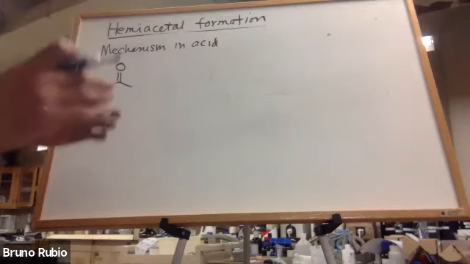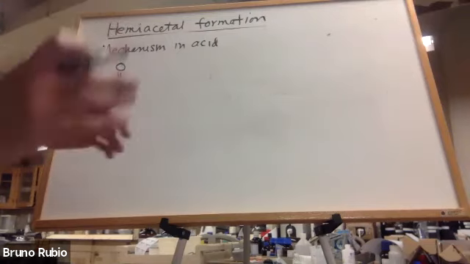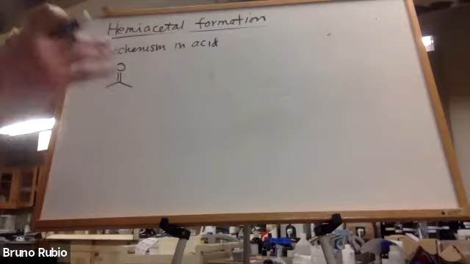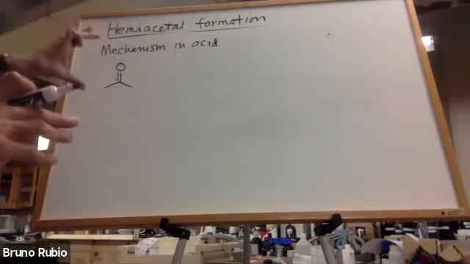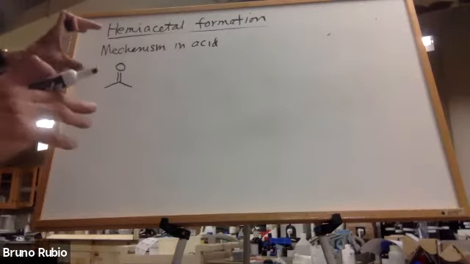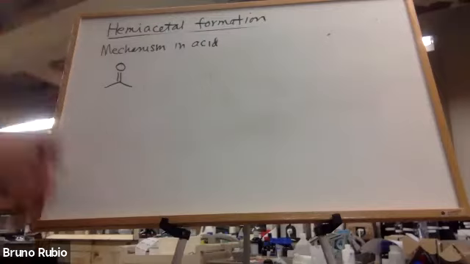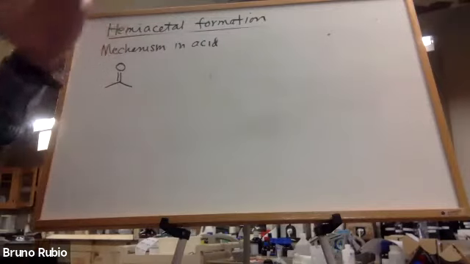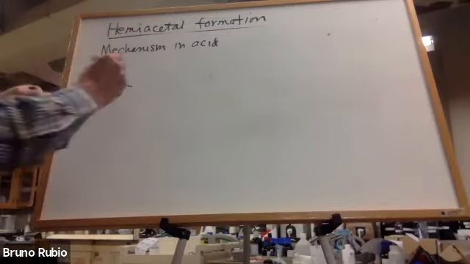Step 2, attack by the nucleophile on the carbonyl carbon. So whenever we see a carbonyl compound plus acidic conditions, these are the first 2 things that nearly always happen. Protonate the carbonyl oxygen, then attack the carbonyl carbon with the nucleophile.